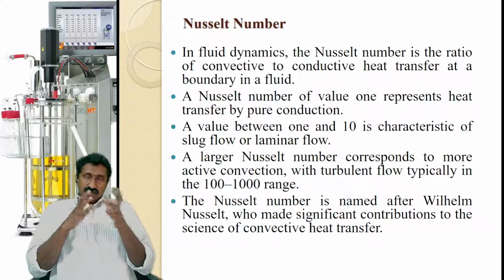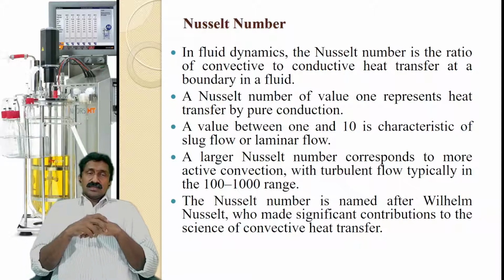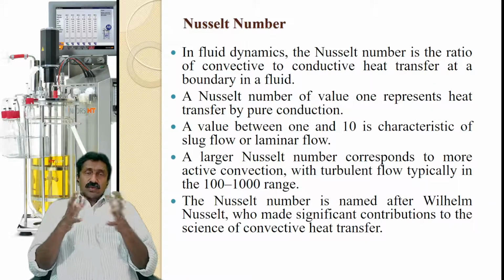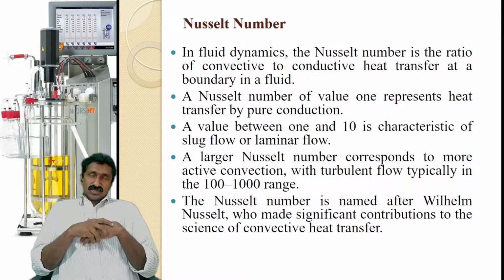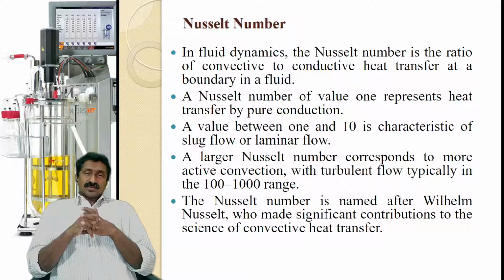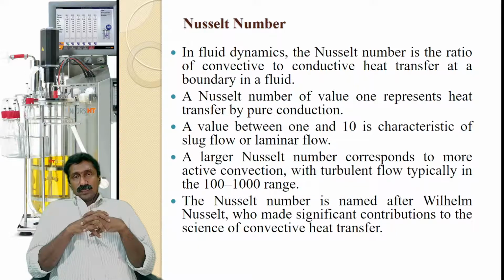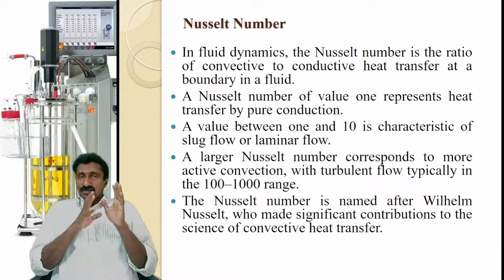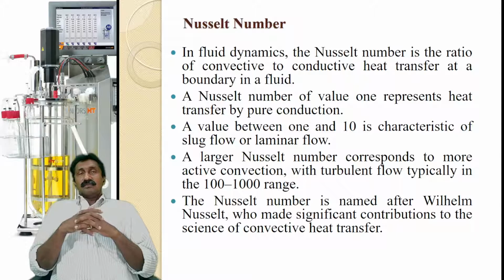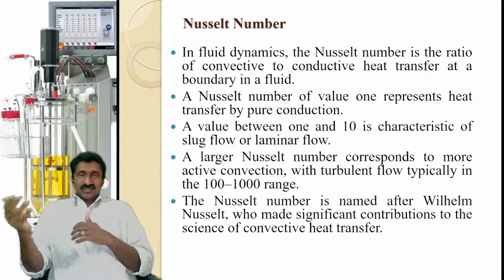So both conductive and convective heat transfers occur in bioreactors, and the Nusselt number is an indicator of the ratio of the convective and conductive processes. A higher value means there is turbulent flow and turbulent mixing of the medium. If it is not there, the medium is almost static, and the main component of heat transfer is through conduction through the vessel walls to the exterior.